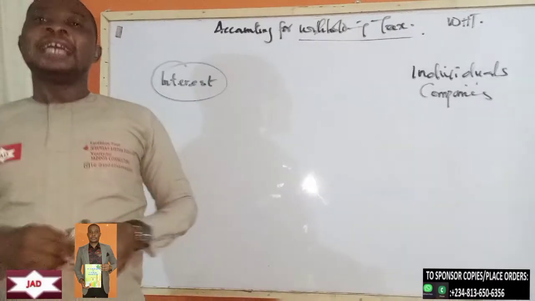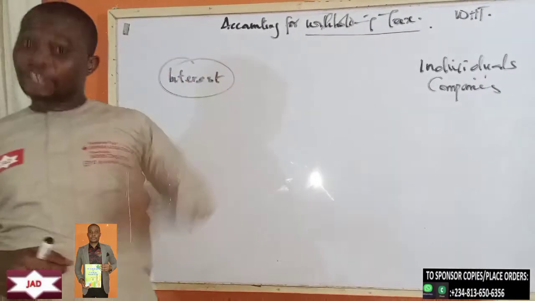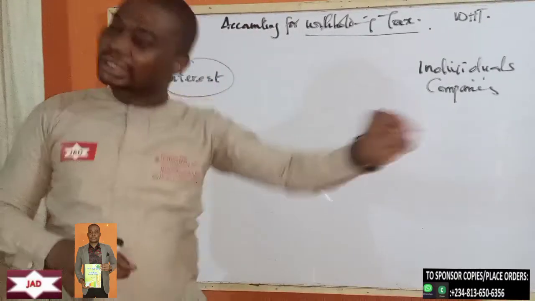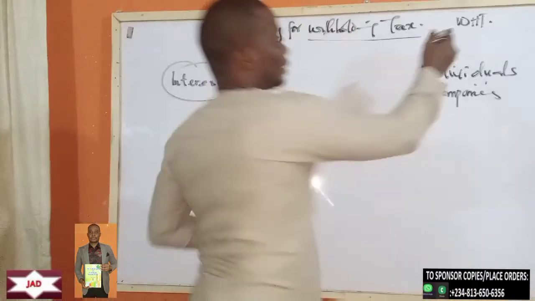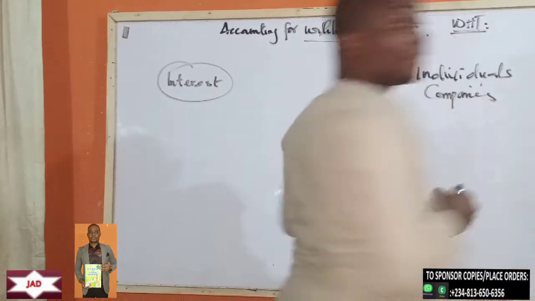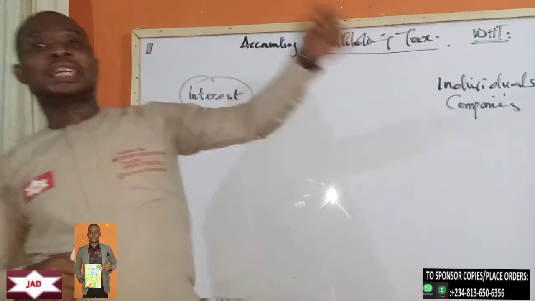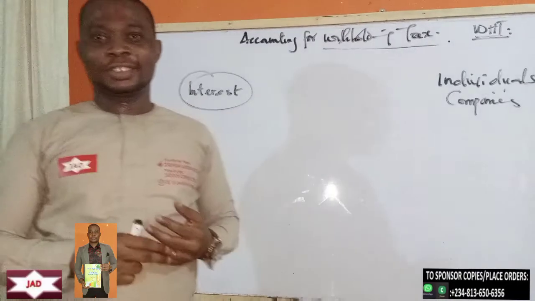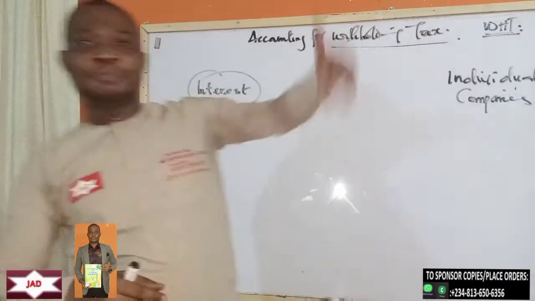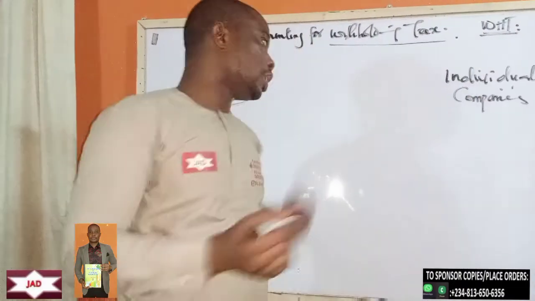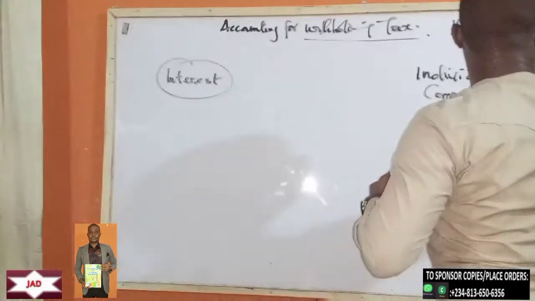Are you there? Now the bank will pay the interest and then deduct withholding tax from source. When the bank deducts withholding tax from source, the bank will remit to what? To the revenue service.